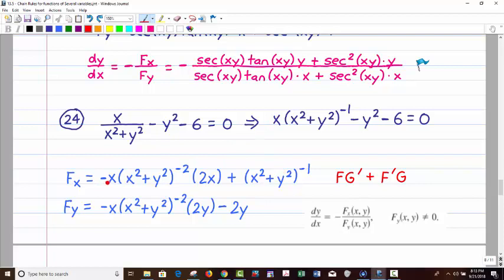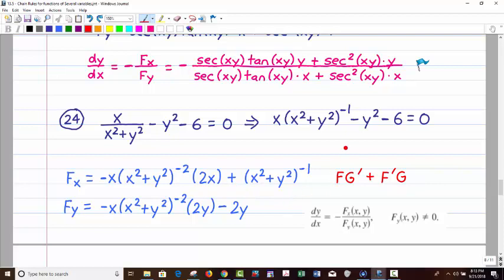Actually the x is there because it's that x for f here, and then g prime, you bring down the -1 right here, and decrease that exponent by 1 to make it -2. The derivative of the inside is 2x, and there you go. I guess you could combine those x's together, but not that big a deal. And then plus f prime g, so the derivative of x would be 1, nothing there, and then just g itself right here. So there's your fx.